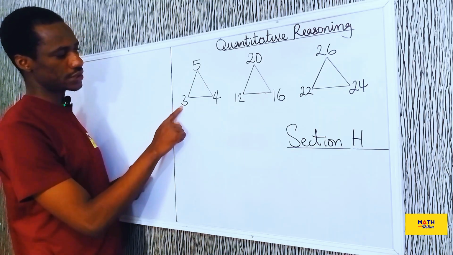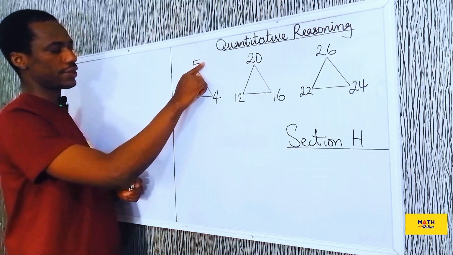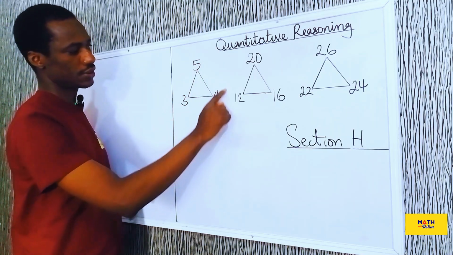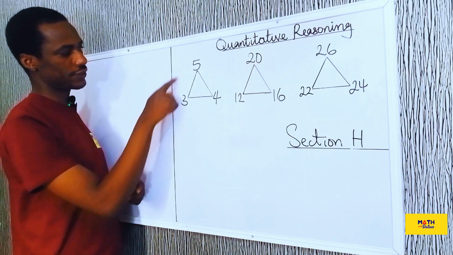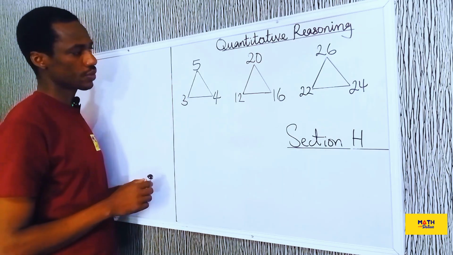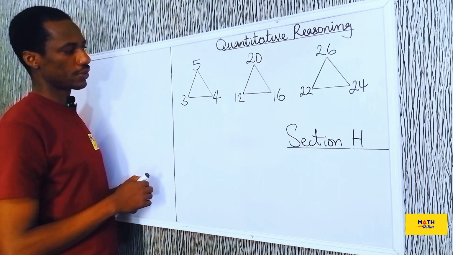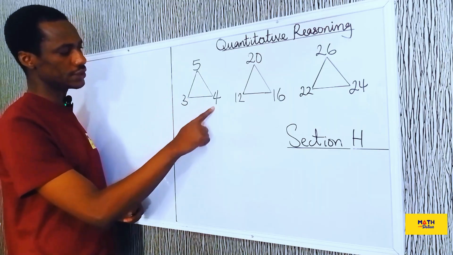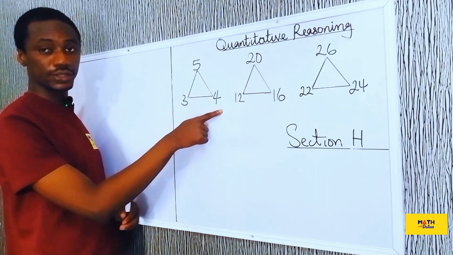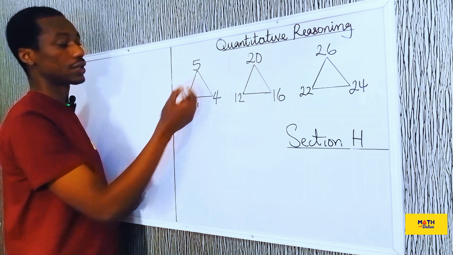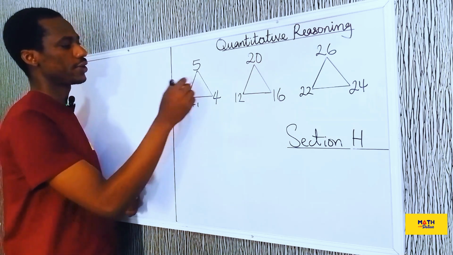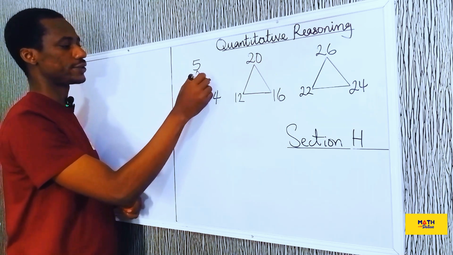And from here, you can see that it goes like this, okay? Because 5 and 3, the difference between 5 and 3 is 2. So from this point to this point, we're going to add 1 here. And I call this hidden operations, and this is series patterns.